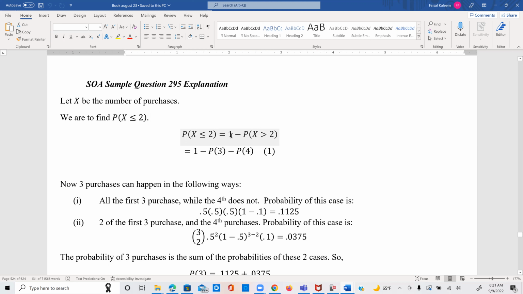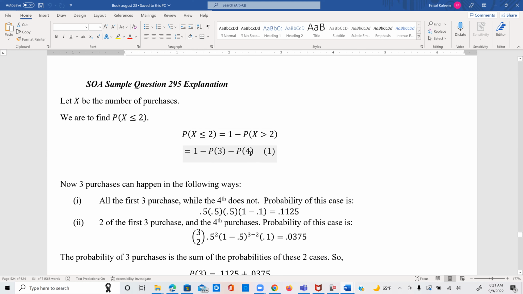And greater than 2 would mean 3 and 4 in this case, because there are only 4 customers. As we will see below, it is more convenient to do it through this complement. So probability X less than or equal to 2 equals 1 minus P of 3 minus P of 4.